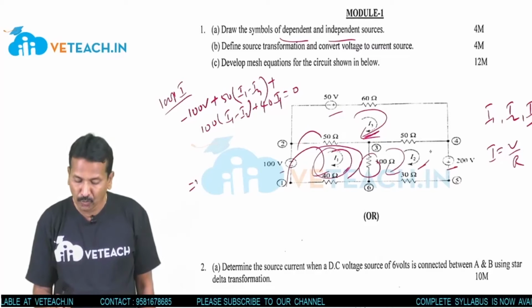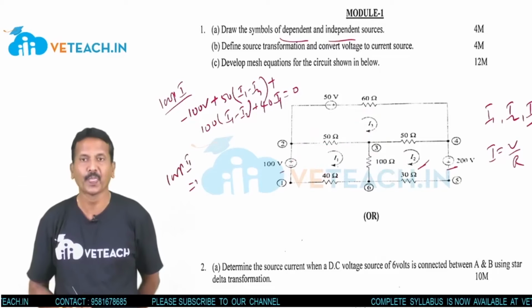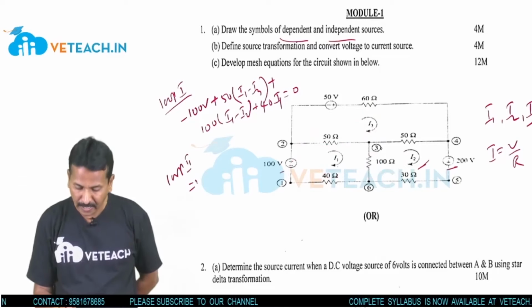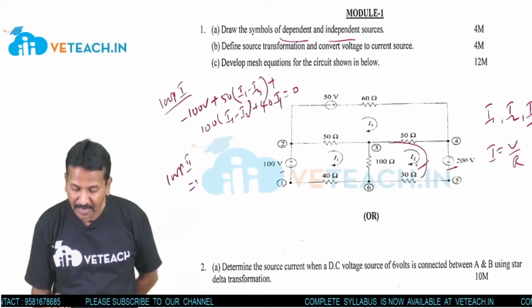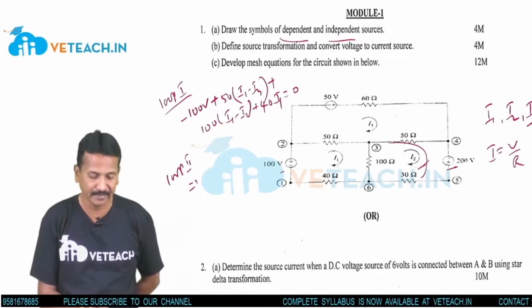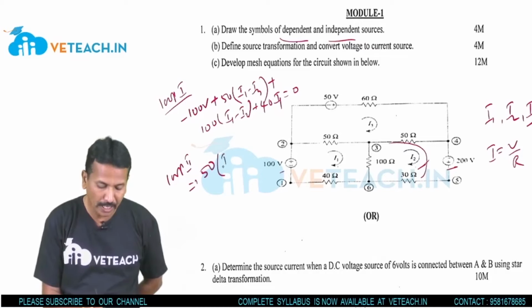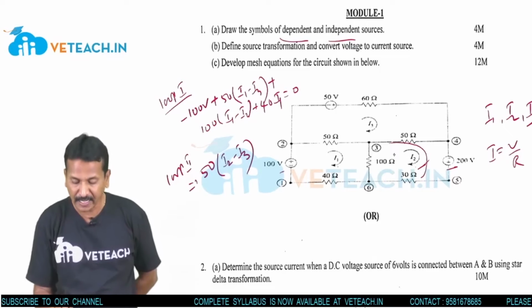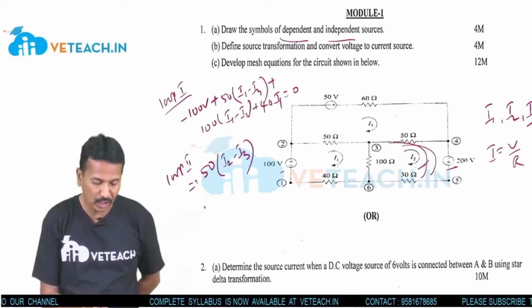Now coming to loop 2, same. What happens here? Starting from this one, 50 ohms is in between I2 and I3. Yes or no? So 50 into I2 minus I3. Then minus 200 volts.